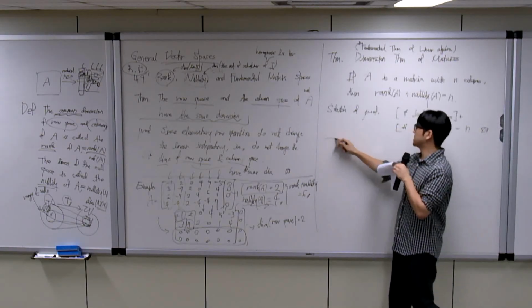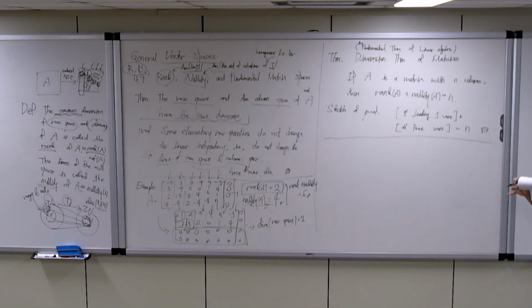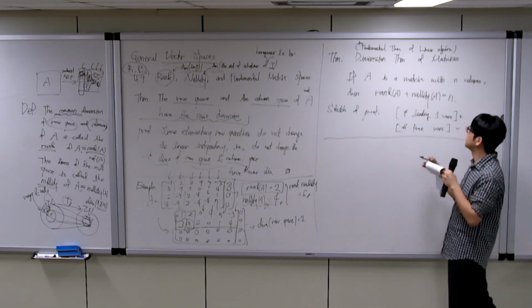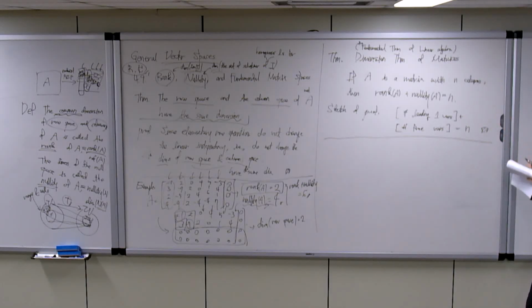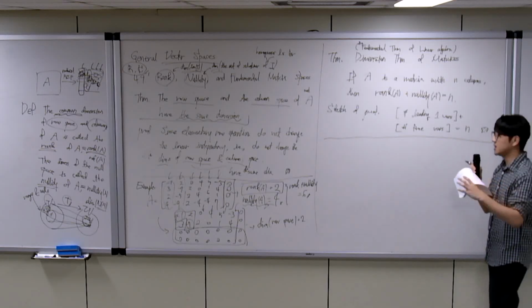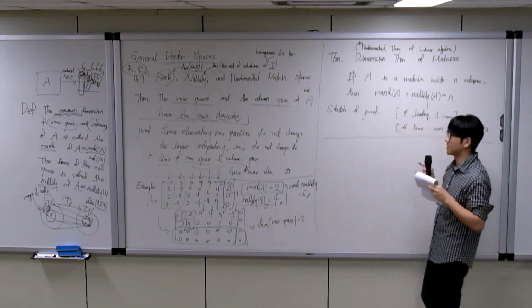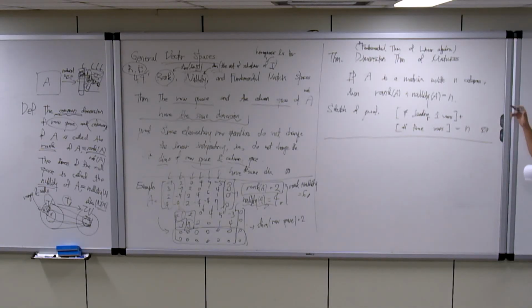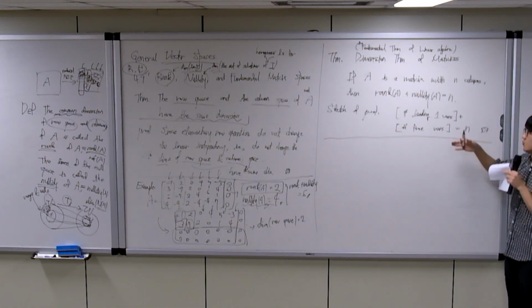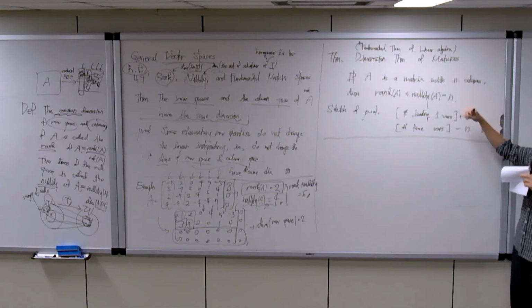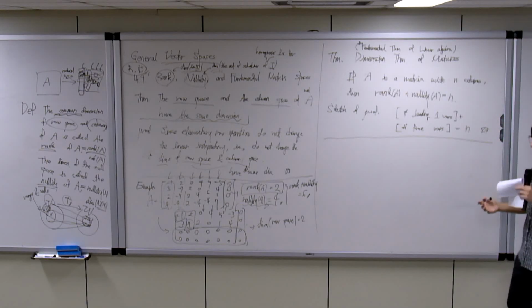The proof is simple, but it's a very strong theorem, because calculating the rank is actually easy, and the number of columns is usually given.